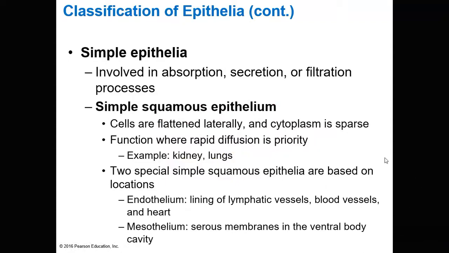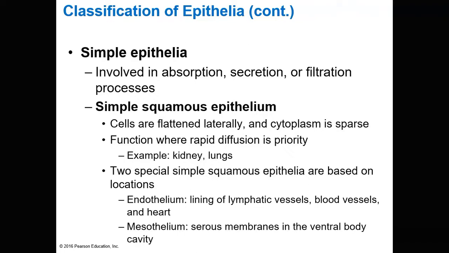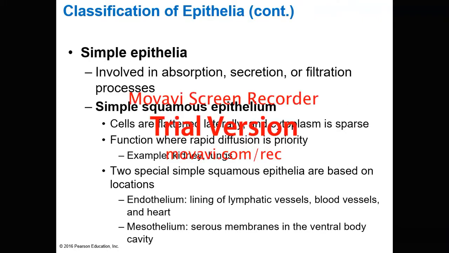So we have some nomenclature. When you have specialized simple squamous epithelium based on location, endothelium and mesothelium are still both simple squamous epithelium, but we call them by different names because of their location. Endothelium is found in the lining of lymphatic vessels, blood vessels, and the heart.